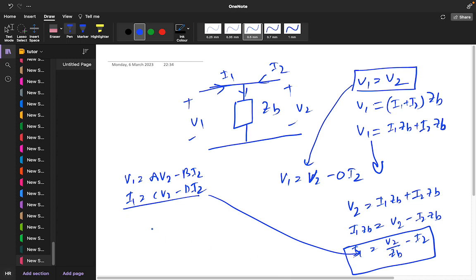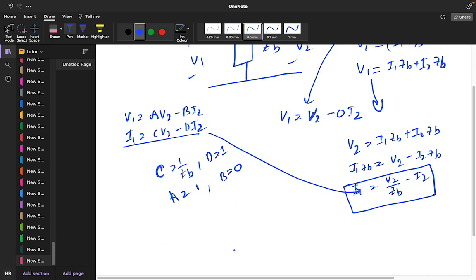So from this, what is the value of C? You are getting 1 by ZB. What is the value of D? You are getting 1. What is the value of A? You got 1. What is the value of B? You got 0. So the two-port transmission line network ABCD is 1, 0, 1 by ZB, and 1.